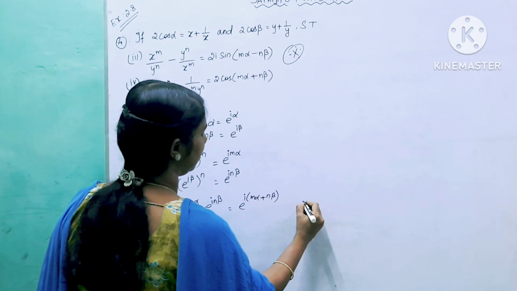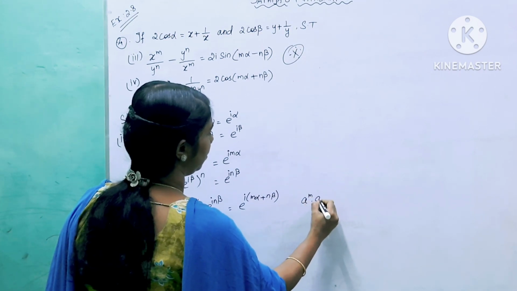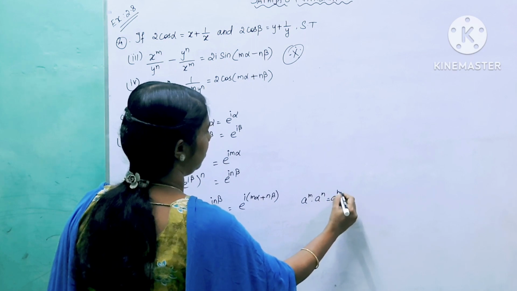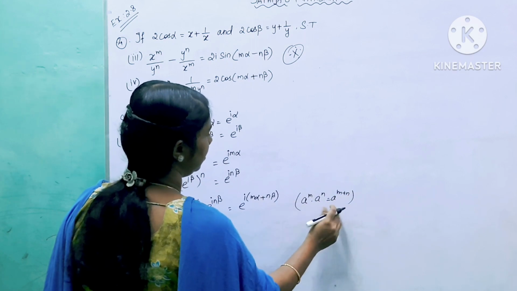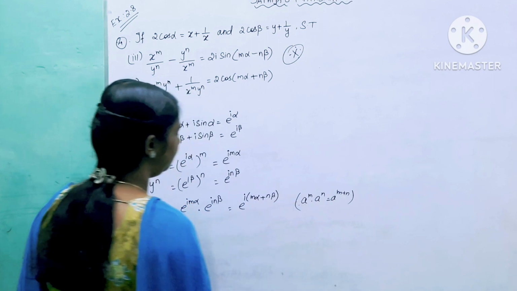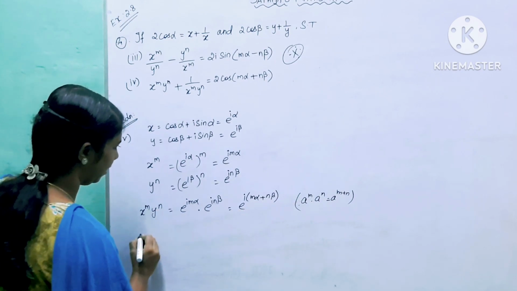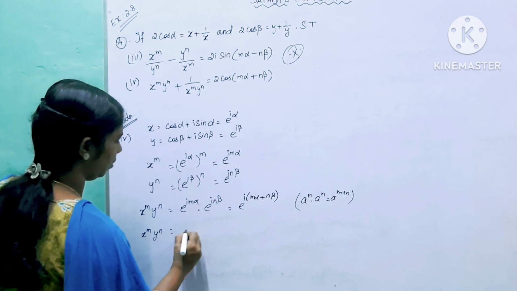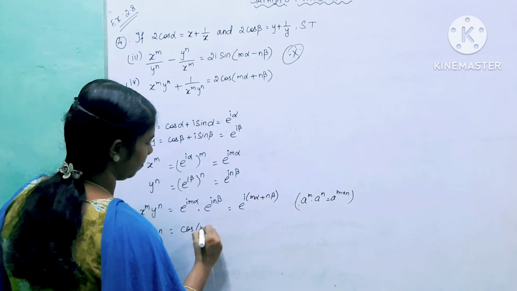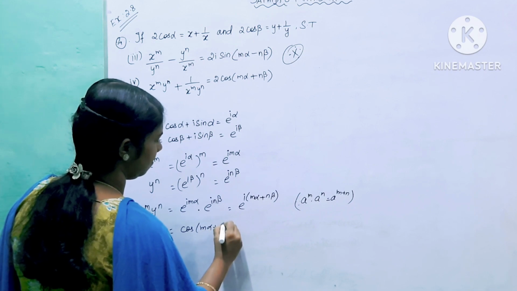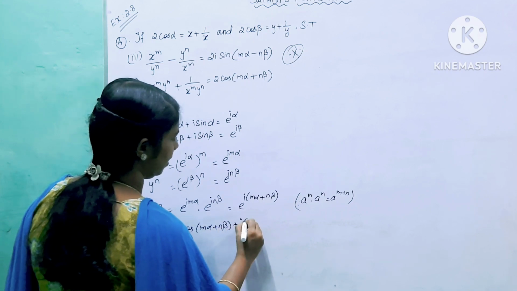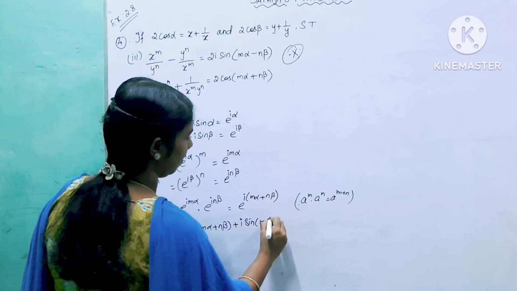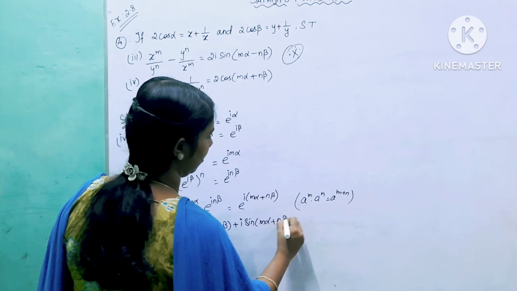Which basis did we use here? a power m into a power n, we can write as a power m plus n. According to this formula we have rewritten it. So in terms of cos and sin, how can we write it: x power m into y power n is equal to cos of m alpha plus n beta plus I sin m alpha plus n beta.